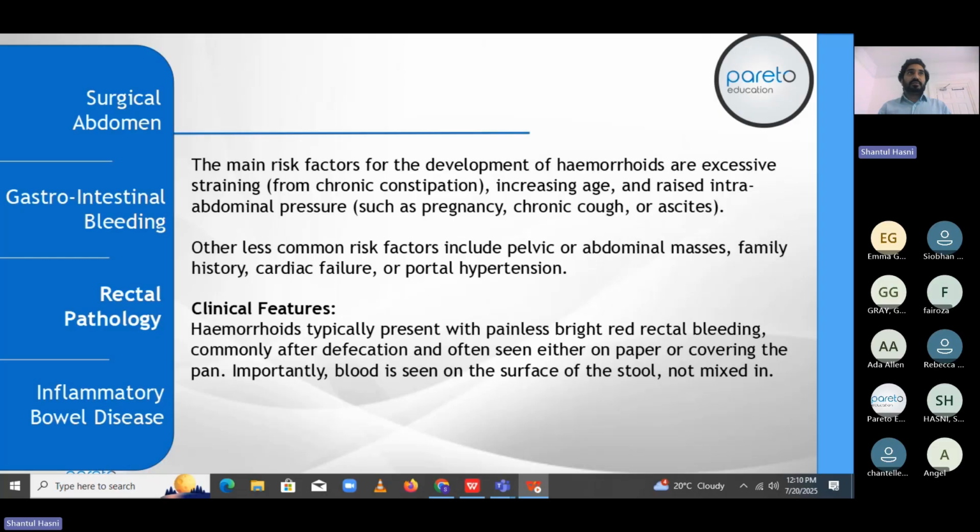One thing that I've noticed apart from the lower GI bleeds and the hemorrhoids is it's quite impressive. Even if you have a small bleed, the patient usually will have a picture. So always take a look at the picture, whether there's a fresh bleed or whether there's a black tarry stool.